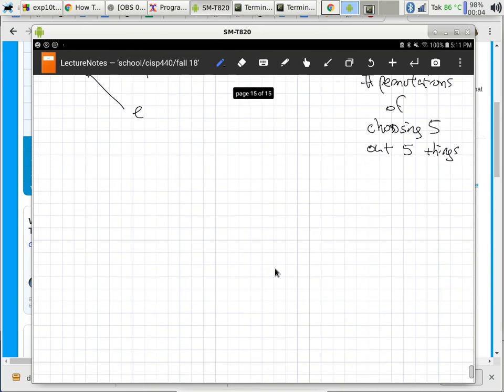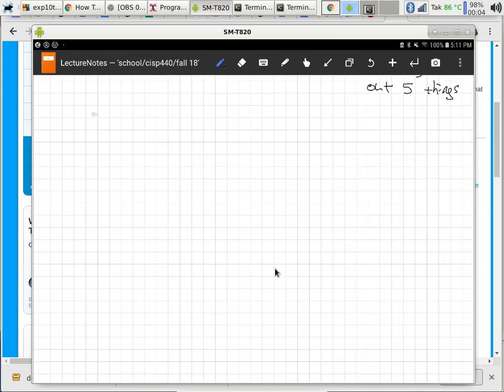Okay, so if I look at this, the math that we're looking at is 69 times 68 times 67 times 66 times 65 over 5 times 4 times 3 times 2 times 1. The numerator tells me how many ways I can choose 5 out of 69 items, ordering being significant. Okay?